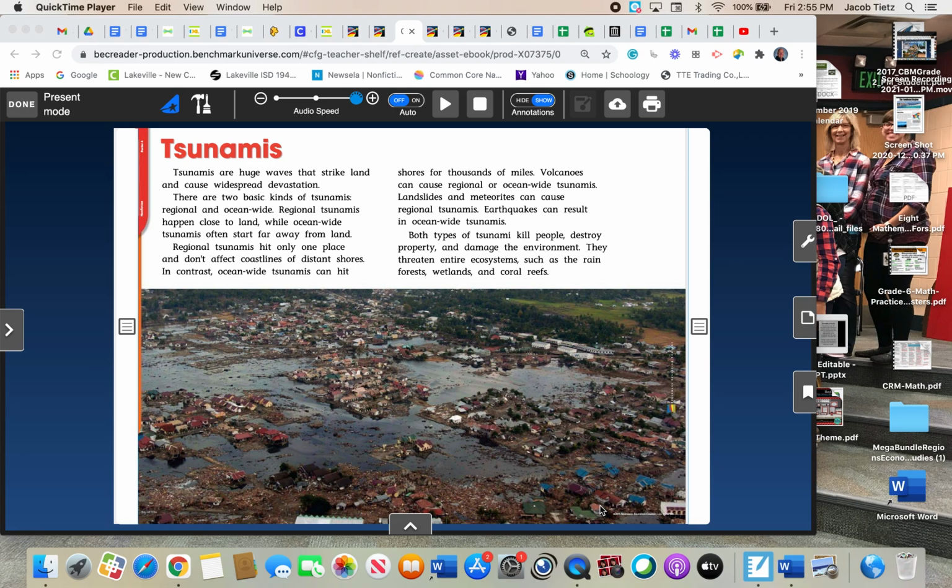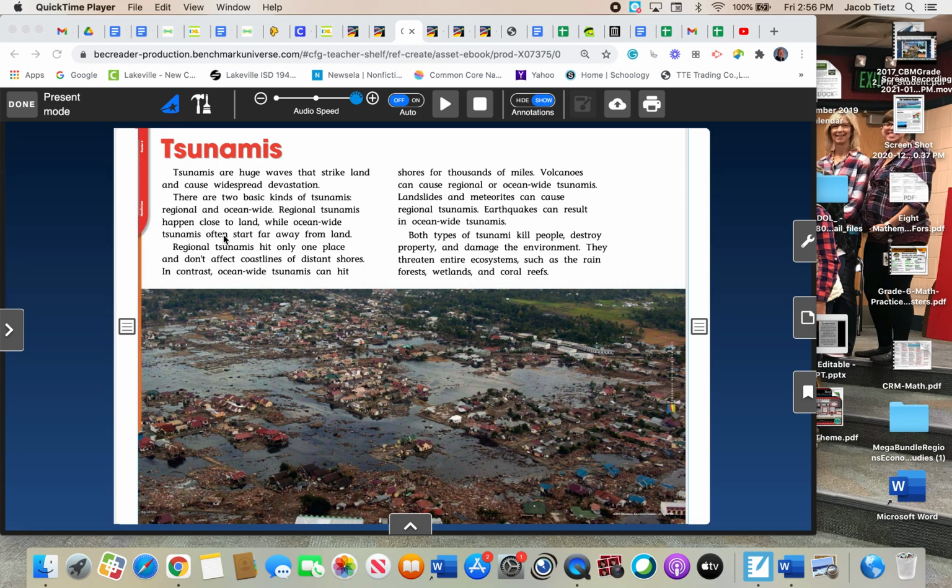I'll just read the passage and we'll go looking for different comparisons and contrasts of tsunamis, different kinds of them. Tsunamis. Tsunamis are huge waves that strike land and cause widespread devastation. There are two basic kinds of tsunamis: regional and ocean-wide.